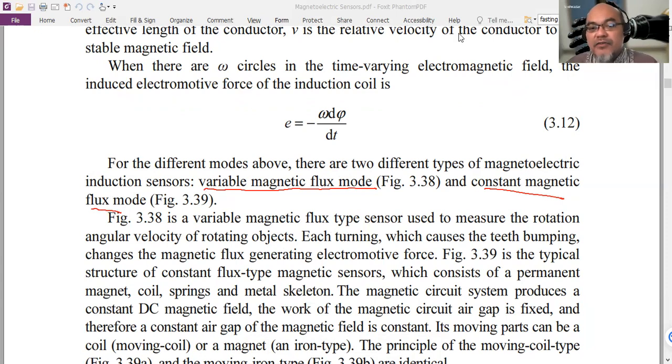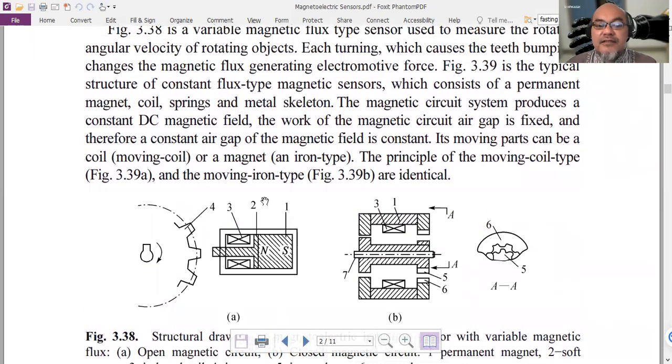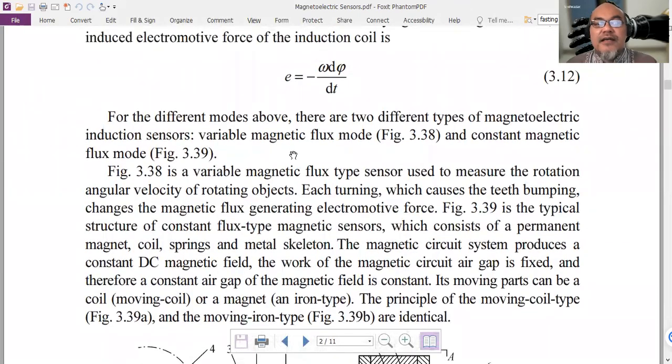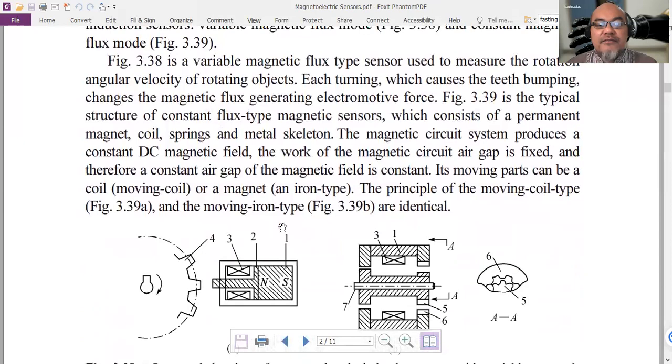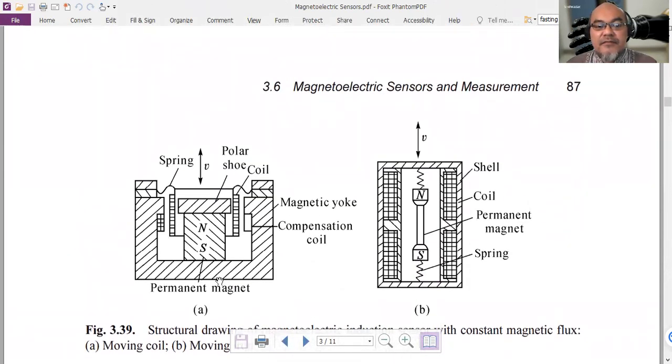Either the magnetic flux is changing, according to figure 3.38 here. In this case the magnetic flux is changing but the conductor doesn't change. Here is an open magnetic circuit, or a constant magnetic flux, provided by this permanent magnet, and it is the conductor that is moving in that magnetic flux.